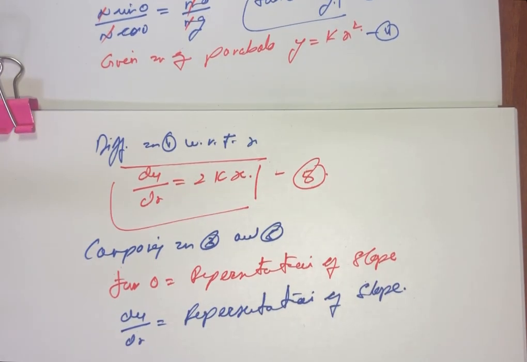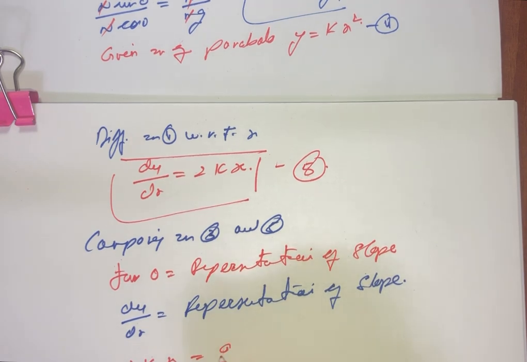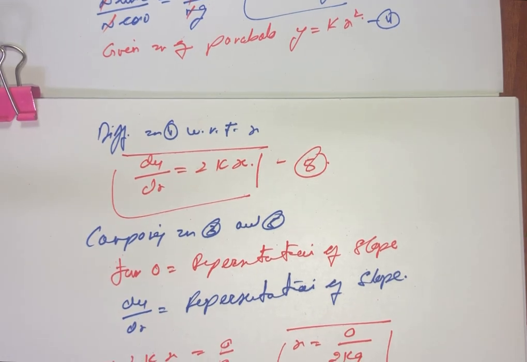So from here we can say that 2kx will be equal to a by g, and the displacement x will be equal to a divided by 2kg. So this is the distance of the new equilibrium along the x-axis.